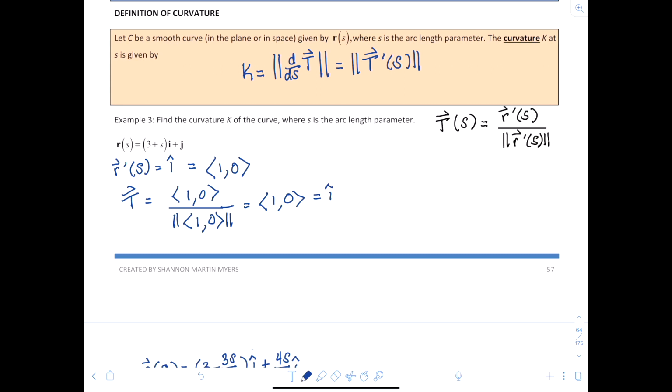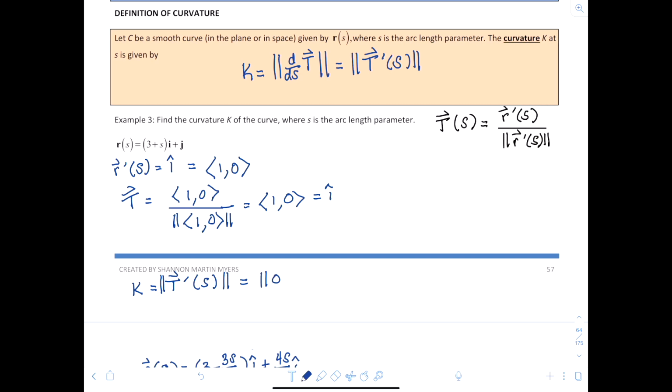Okay, well, differentiating this, what do we have? K is equal to the magnitude of T prime at s. Well, T prime is going to be what? Beautiful, 0.